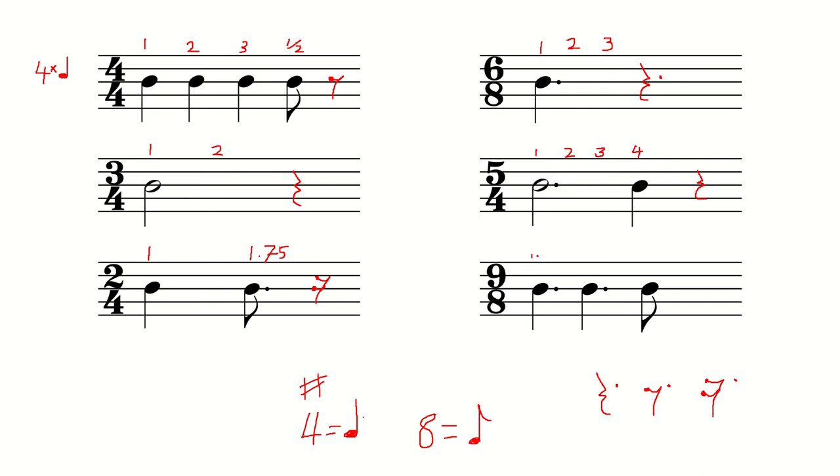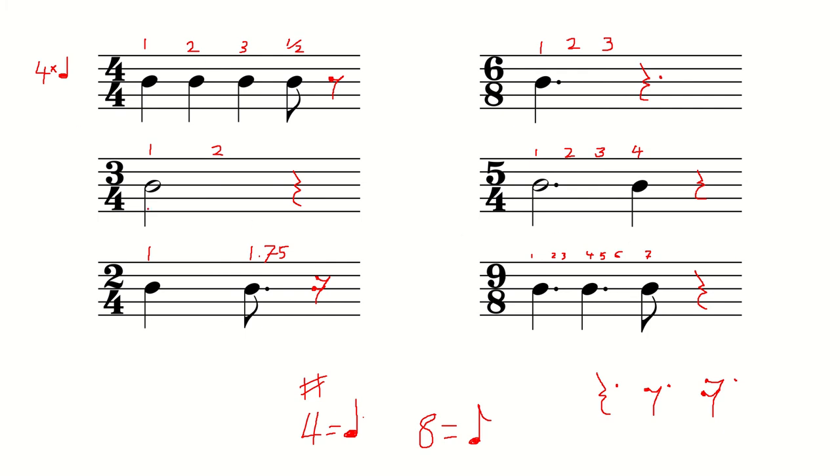So 1, 2, 3, 4, 5, 6, 7, 8, 9 is missing, so we need a crotchet's worth of rests. And there we go. And that is what the rests are needed for these questions.